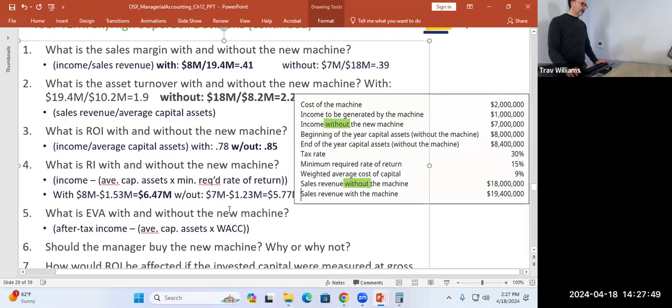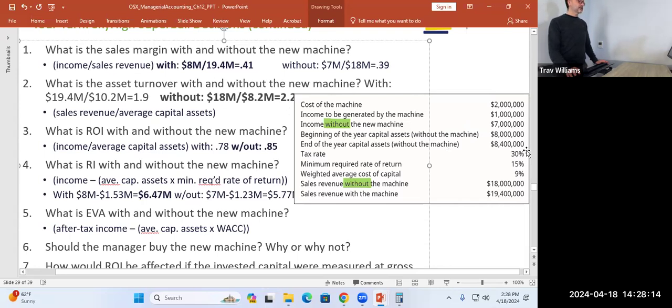One more, EVA, after-tax income. How do we get after-tax income with the machine? It would be our income times 1 minus the tax rate, right? Our tax rate is 30%.